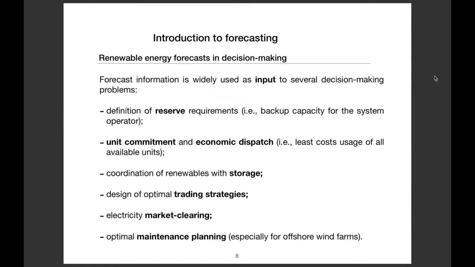It is of good use also for unit commitment and economic dispatch, coordination of renewables with storage, design of optimal trading strategy, electricity market clearing, optimal maintenance planning, etc. These are just some examples, but you have a lot of other applications.